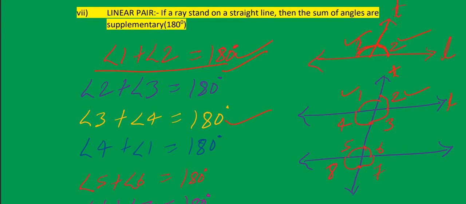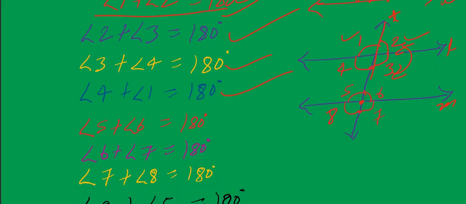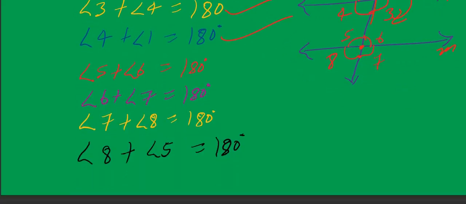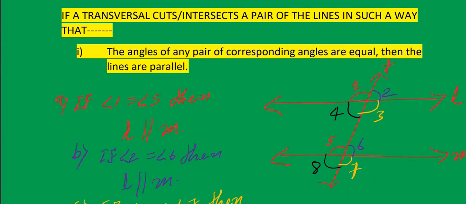Now if you take T as a line and L as a transversal, then also two cases are possible. Angles 2 and 3 lie on the line T. So 2 plus 3 is 180 degrees and 1 plus 4 is also 180 degrees. Similarly we will write here also on the line M. The same property will be applied: 5 plus 6 is 180 degrees, 7 plus 8 is 180 degrees, 6 plus 7 is 180 degrees, 5 plus 8 is 180 degrees. So these are called linear pairs.